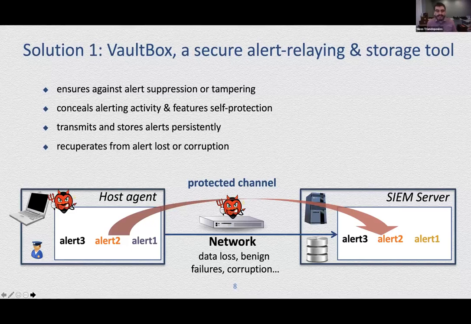What we do, in order to protect, is work in a stealth mode so that we don't leak intelligence to the attacker, because remember, the attackers will try to gather intelligence. There is some notion of self-protection: even if the host agent at the left is the victim of a direct attack, and even if the attacker is able to fully compromise this machine, still the corresponding alert that talks about this mere fact, the fact of the machine being a direct target, will survive our channel and will be collected by the SIEM server.